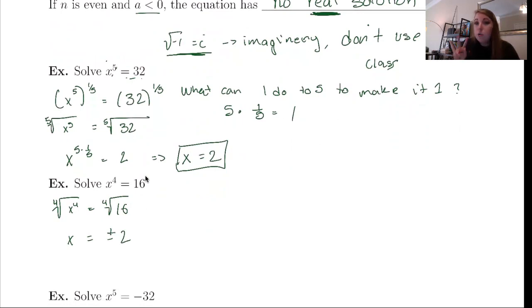And that means there's two solutions, -2 and +2. So I can go in here and say, oh, -2. Remember, I need the parentheses if there's a negative involved to specify what my base is. So -2 to the 4th is -2 times -2 times -2 times -2, which is 4 times 4, which is 16. And then you can check it with 2 as well.